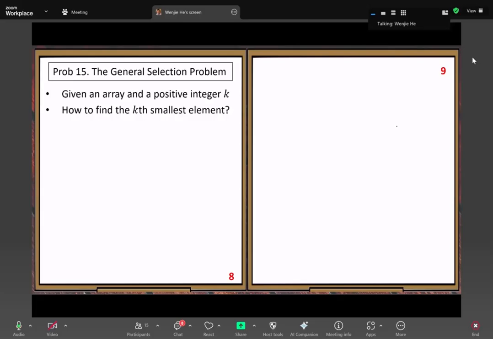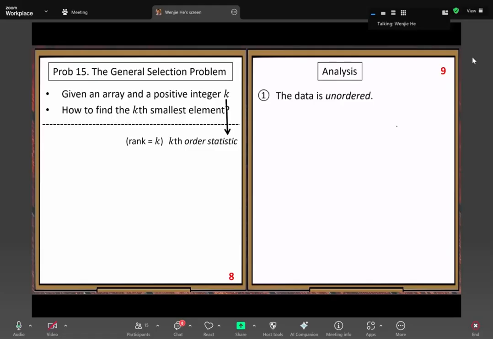When k equals n, it's the largest element. Then you have k equals 2, 3, any number in the middle. Some people call it order statistic, the kth order statistic, but it is rarely used. More generally, people use a rank number, rank equals this k.